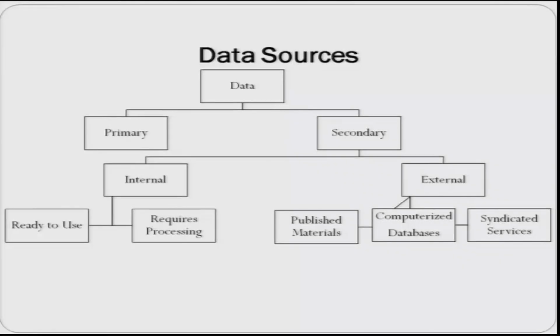There is something more to it when we talk about research design, that is the nature of the data. Data can again be classified into two types, primary data and secondary data. Many a times you will find that your secondary data can be very helpful. Secondary data is something which has been collected for some other problem or some other related issue, but it can also be useful for you.